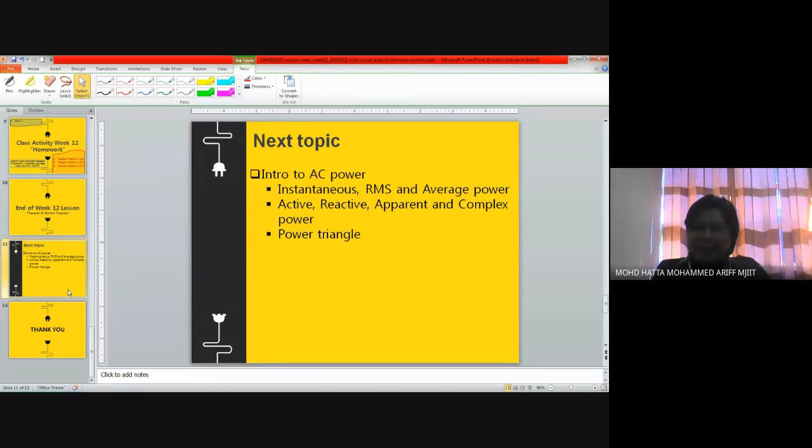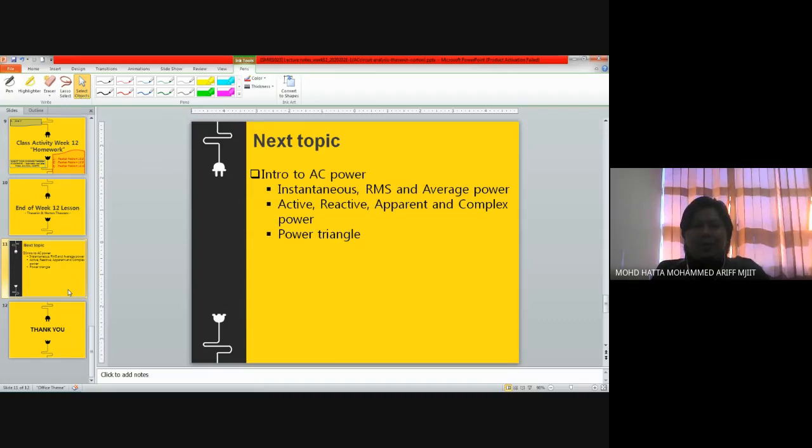As I mentioned earlier, in week 1, in a DC circuit you only know about power as P, and the unit is watt. However, in AC power, you will be introduced to reactive power, apparent power, and active and reactive power, of course.